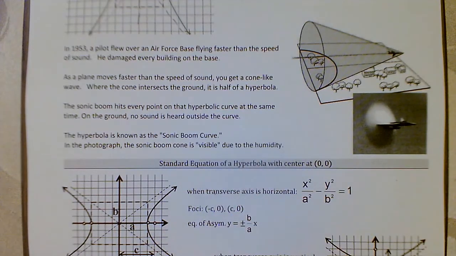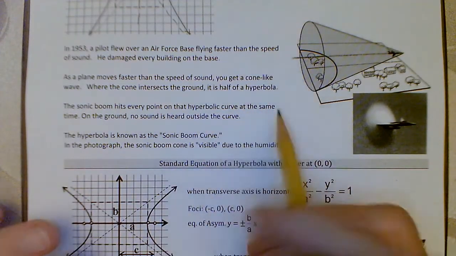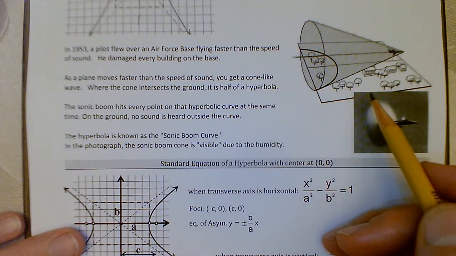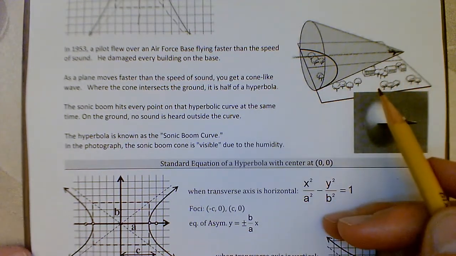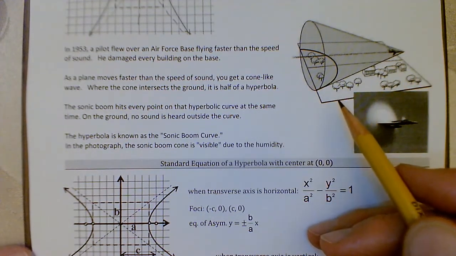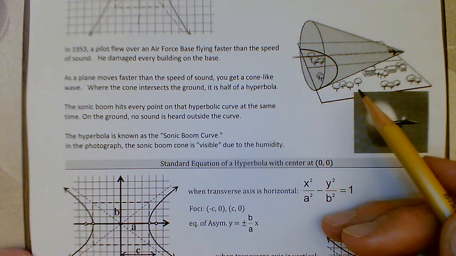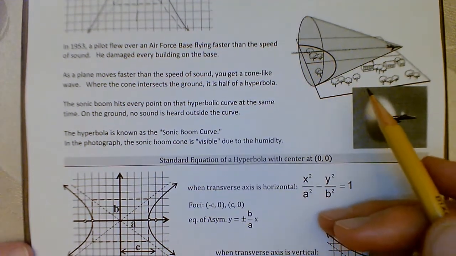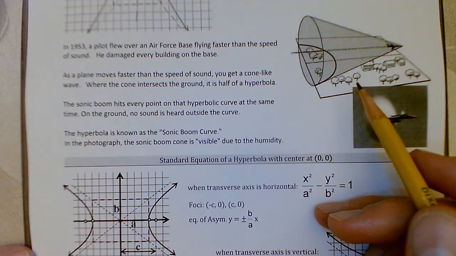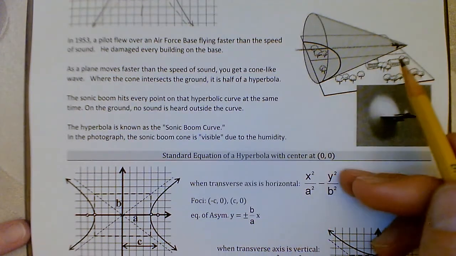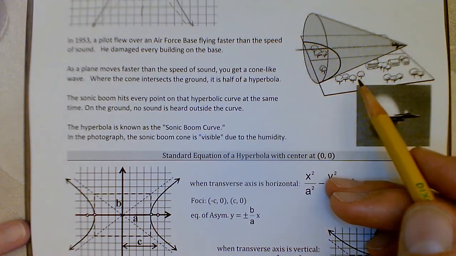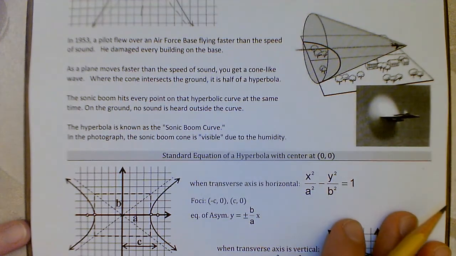So they don't tend to fly supersonically over ground area where people live anymore because it creates a very loud boom in the sky. You hear it, but you just don't know where it's coming from or why. So they tend to not go supersonic until they're away from populated areas.